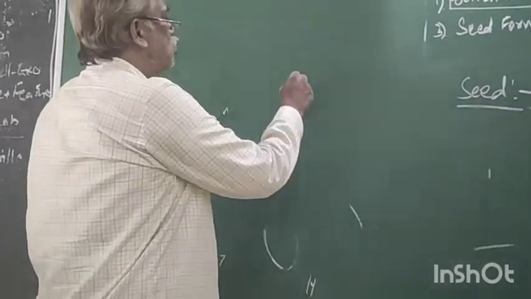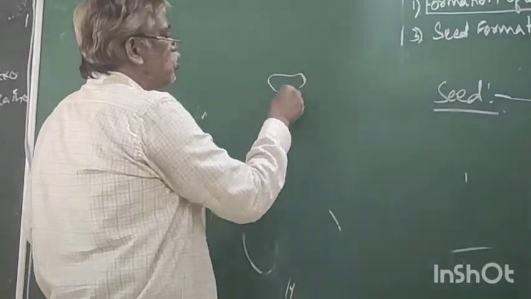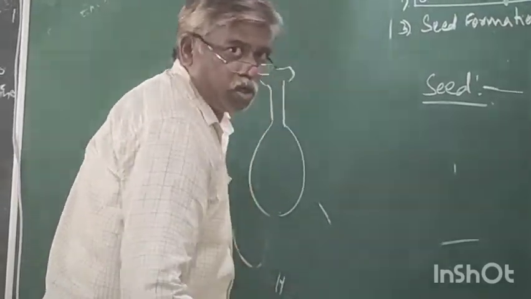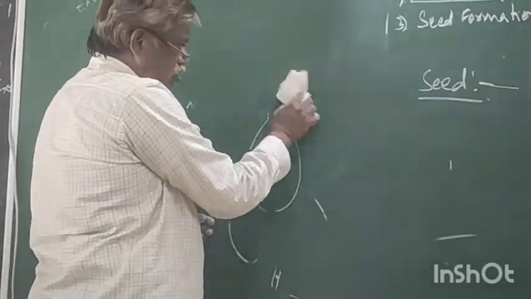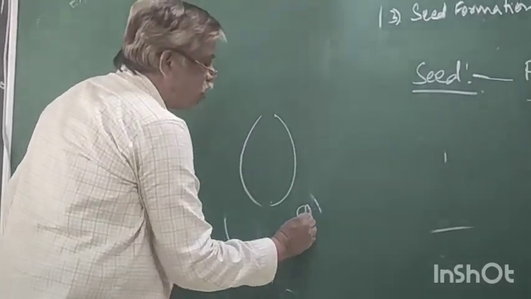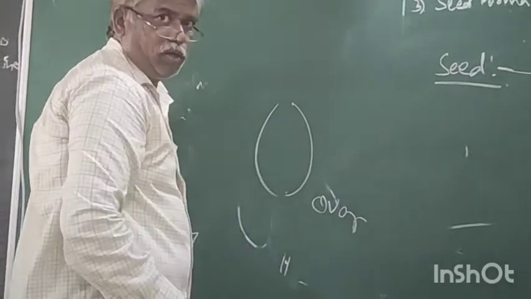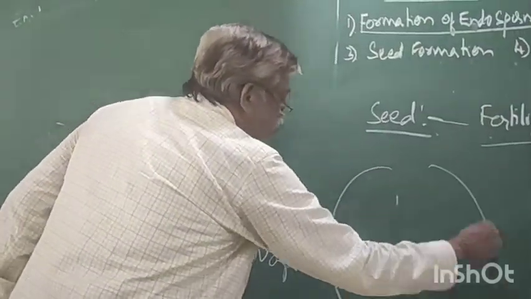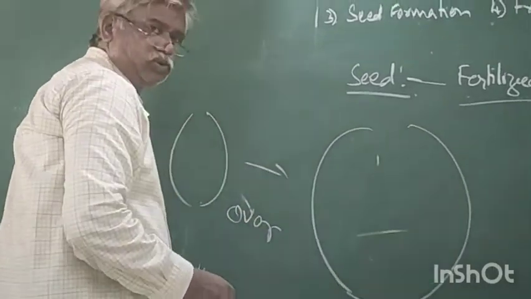Now, stigma, style, ovum. After the double fertilization, these degenerate. What is the remaining? Ovary. Now I am going to enlarge the ovary.